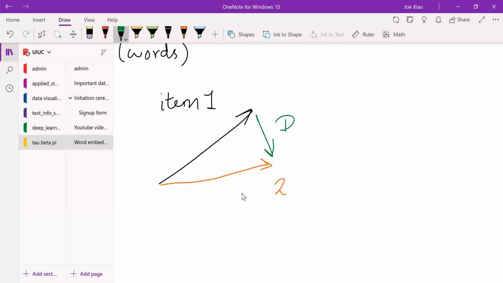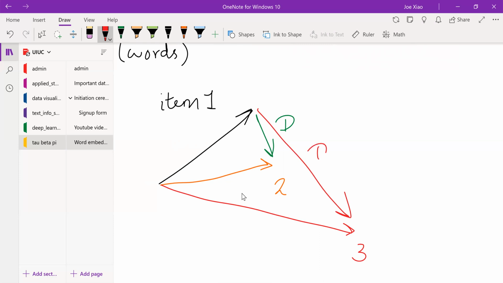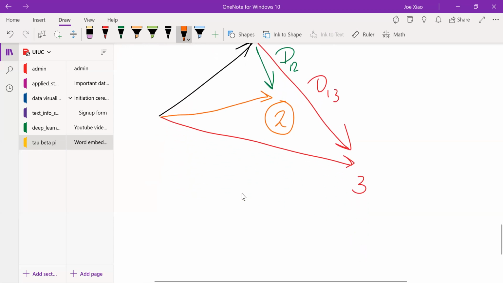So say we have items 2 and 3, then this distance D1,3 versus this distance D1,2. We can see that this distance D1,2 is definitely smaller, and therefore this item 2 is what we want to recommend because it's similar in terms of content.